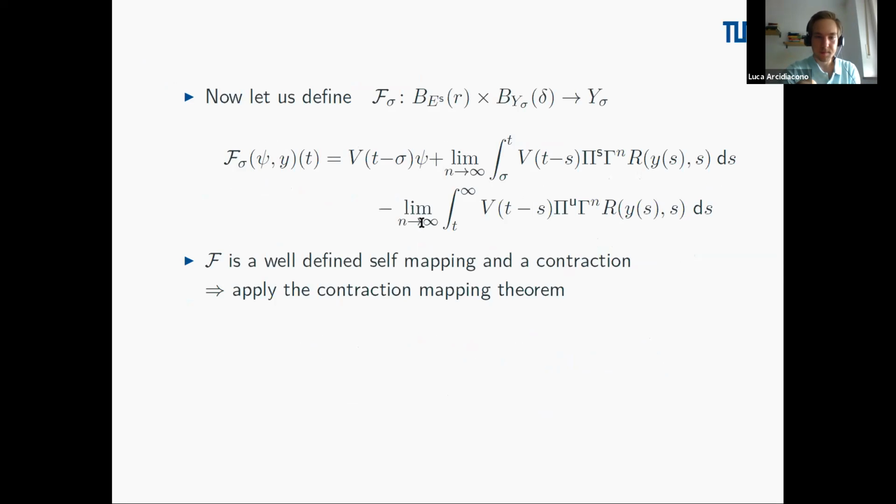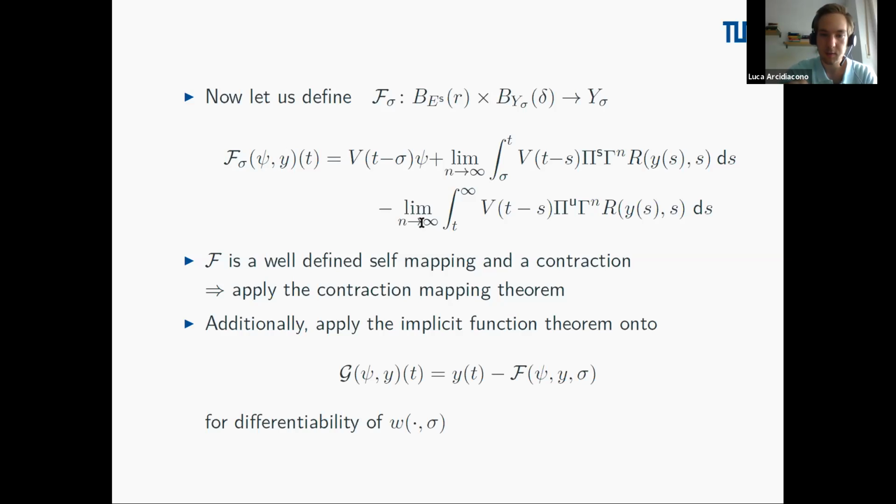Well, one is then able to show that the Lyapunov-Perron operator is a well-defined self-mapping and a contraction. So we can apply the contraction mapping theorem to find fixed points, and these fixed points then correspond to bounded solutions.